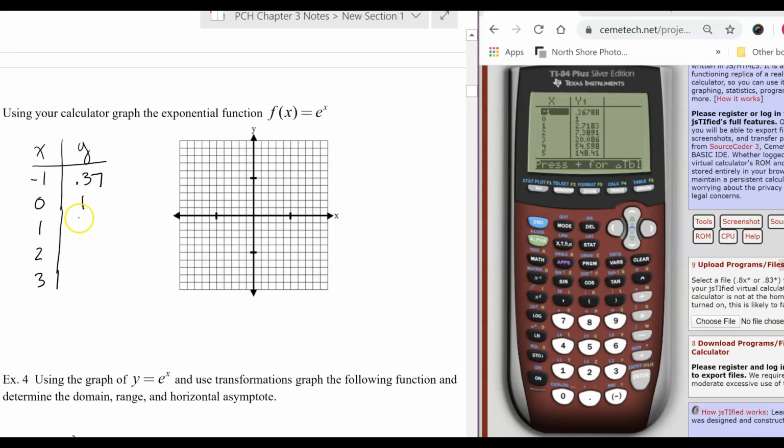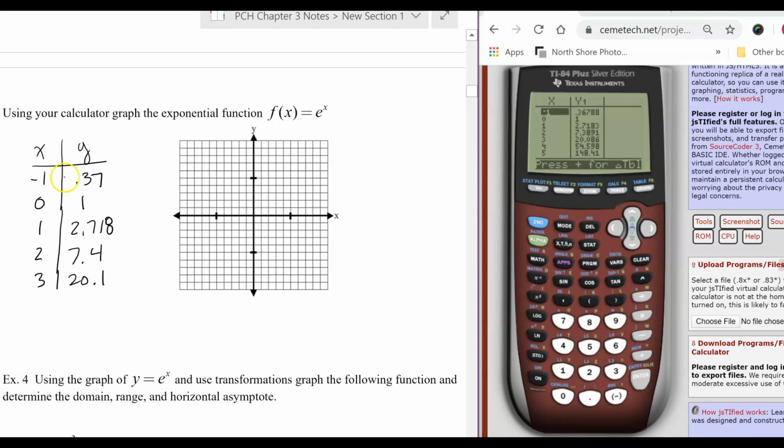Anything raised to the 0 is 1. For 1, I have 2.718, and we'll just approximate these on the graph. For 2, I have 7.4, and for 3, I've got 20.1, which we're not going to be able to fit, but we'll go ahead and graph some of these.